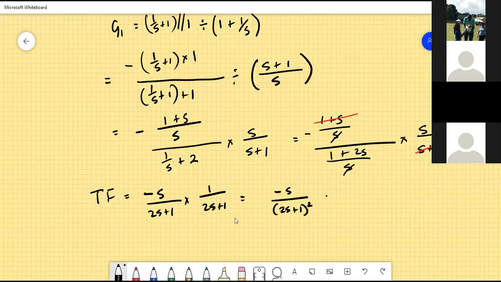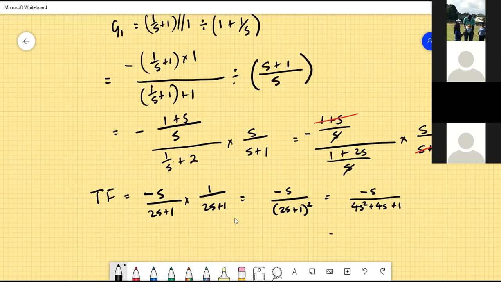Let me multiply it out. So that is minus s over, 2s plus 1 squared is 4s squared plus 4s plus 1 when you multiply it out.